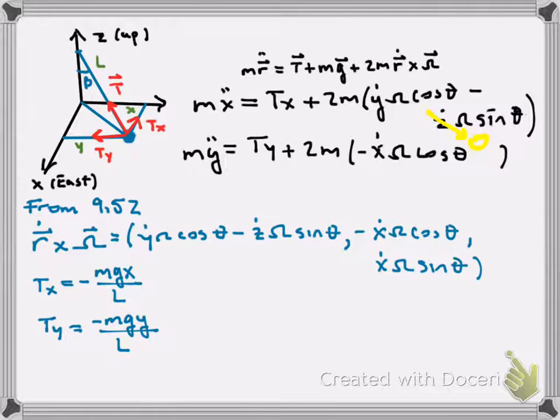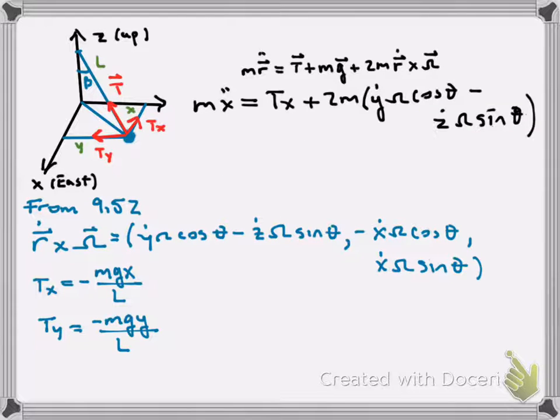So here I have, instead of mr double dot, mx double dot, T goes to Tx, plus 2m, and then I plug in the x component of r dot cross omega, which is y dot omega cosine theta minus z dot omega sine theta.